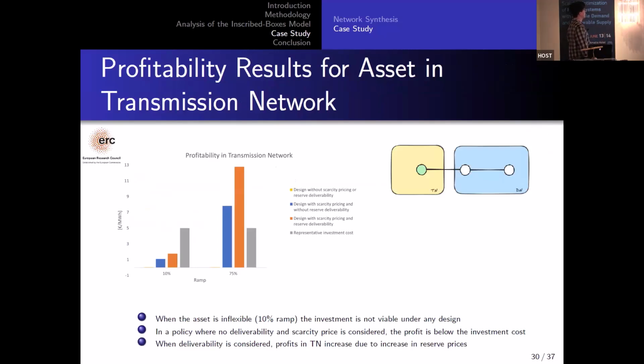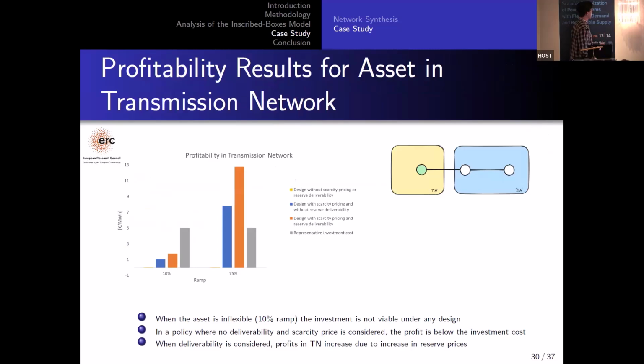Next, we're going to talk about the profitability results for the asset when building it in the three areas that we discussed. First, for the transmission network, when the asset is inflexible, here with the yellow color, it's the design one that we talked about, that had no scarcity pricing and no deliverability considered.